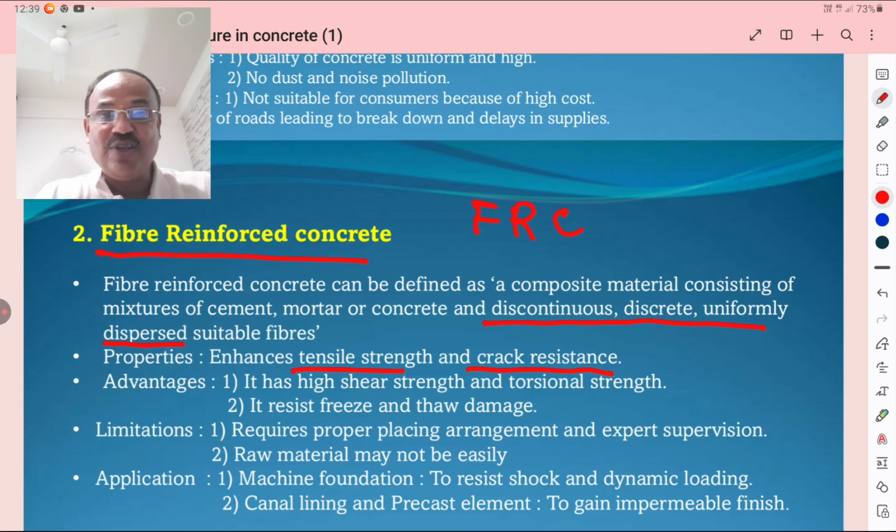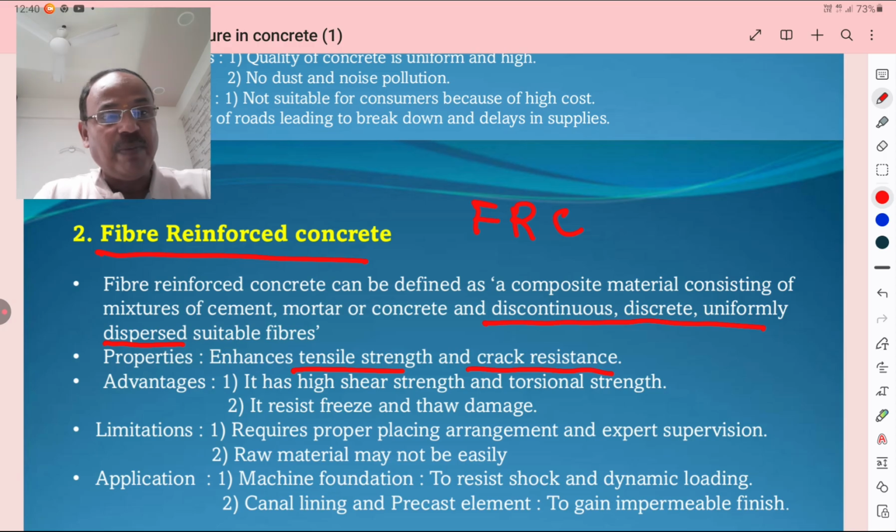You know that concrete is very strong in compression but weak in tension. So instead of reinforcement, sometimes fibers are added to impart tensile strength to the concrete and to improve the crack resistance. What are the advantages? It has high shear strength and torsional strength. It resists freeze and thaw damage. What are the limitations?